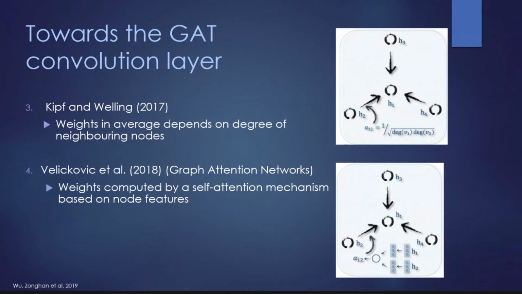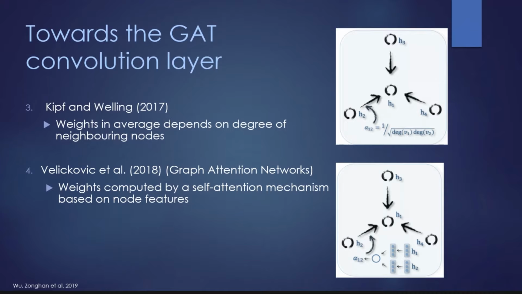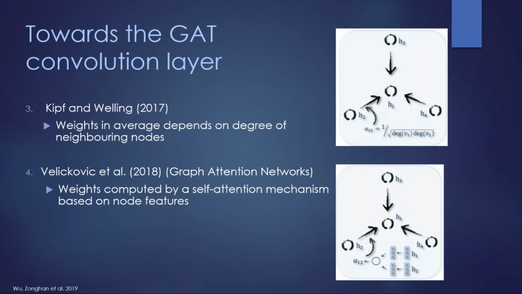All right. And now, graph attention networks. Instead of combining the neighboring node features either uniformly, or by incorporating some graph structure, you use the feature vectors themselves to compute the weights that you're going to use to aggregate the neighboring node features.